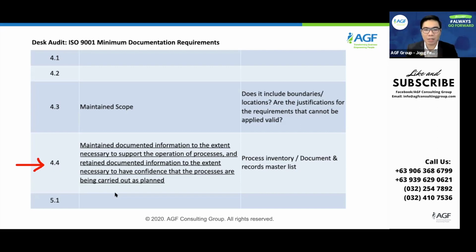Unlike its predecessors, I mean, the old versions of the ISO 9001, the standard here gives you that free hand as to what procedures you are going to include in your quality management system. So, having said that, you have to keep an inventory of those procedures, all right? Or you may want to keep a records master list which contains all of the procedures that you have documented.